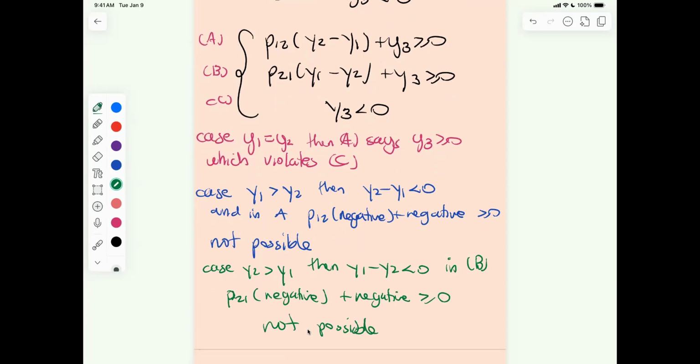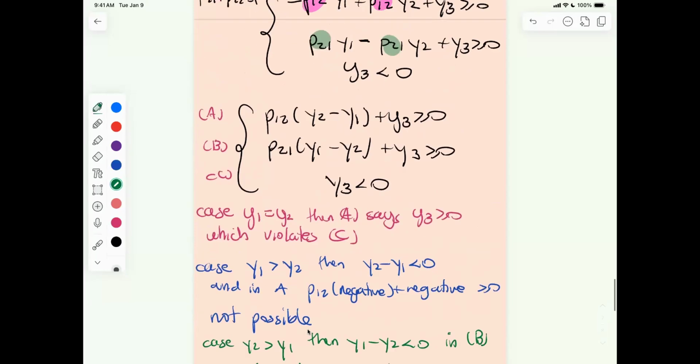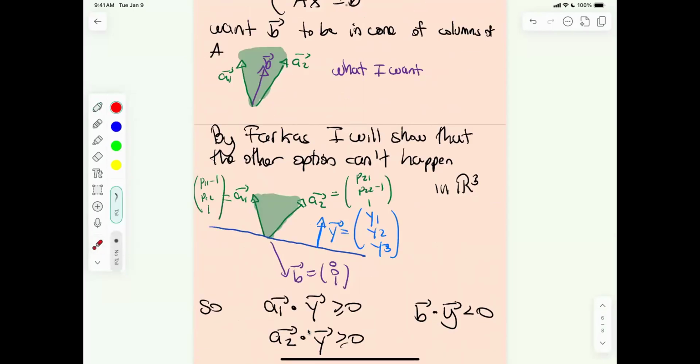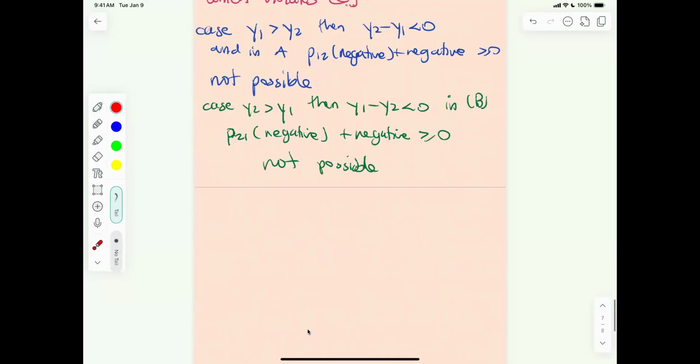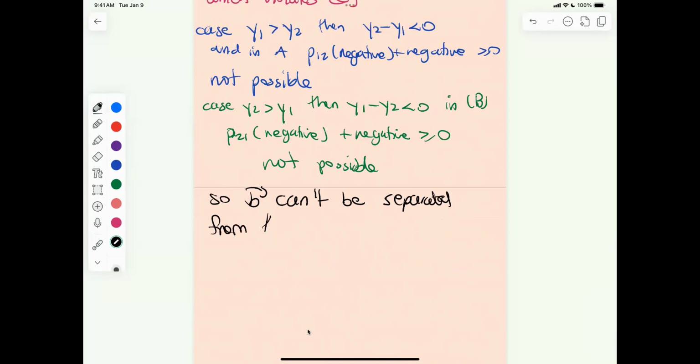So what that means is that the condition for this vector to be separated from the cone cannot happen. So the vector cannot be separated from the cone. And by the Farkas lemma, that means that B is in the cone, which means the system has a solution.